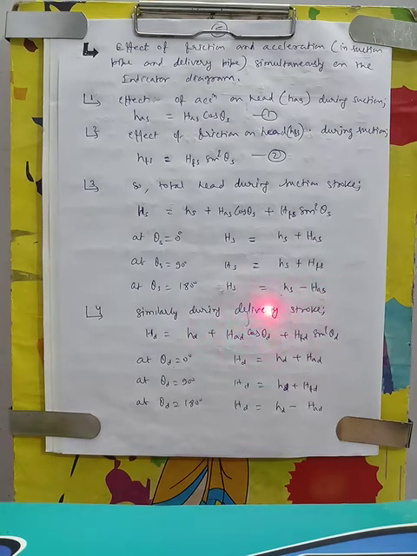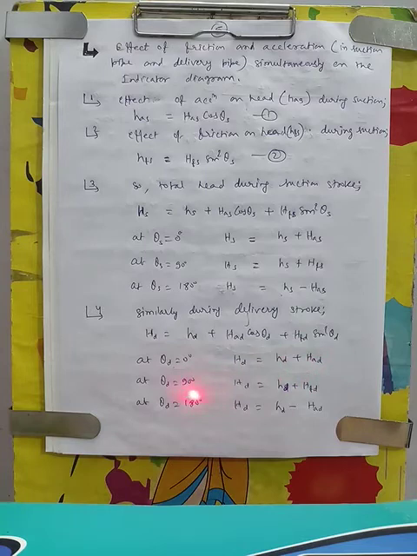Similarly, during the delivery stroke, the total head inside the cylinder will be given by this equation if we add the effect of acceleration and the effect of friction to the head. This will vary with the angle. At 0 degree, it will be Hd plus HAD, because the friction term is 0 and the acceleration term is HAD.